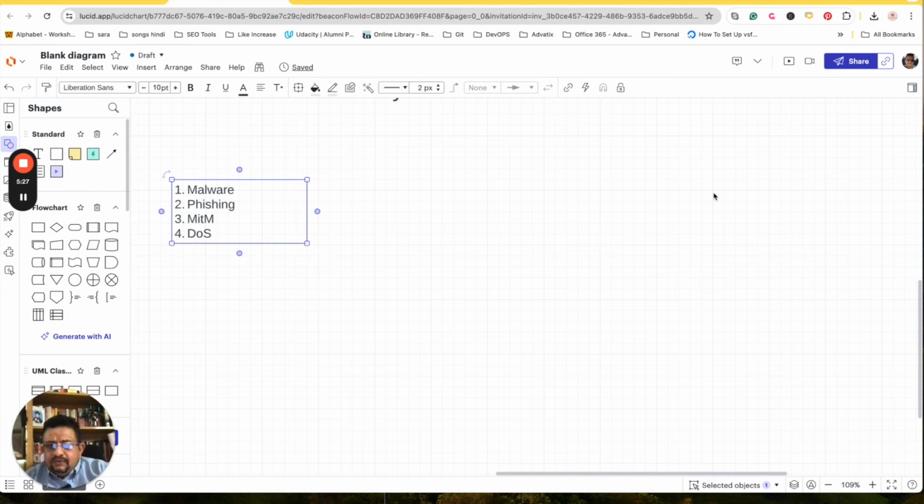The second type is phishing attempts. These are attempts where the threat actor obtains sensitive information such as usernames, passwords, credit cards, etc. Then there is another type known as man in the middle. This is when an attacker intercepts communication between two parties and steals the information.